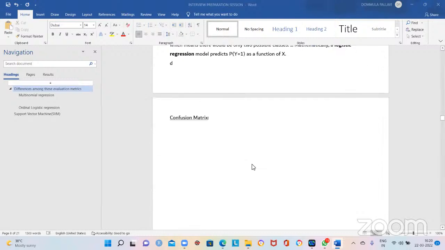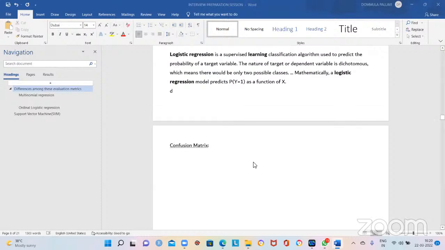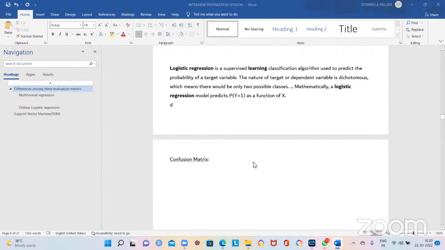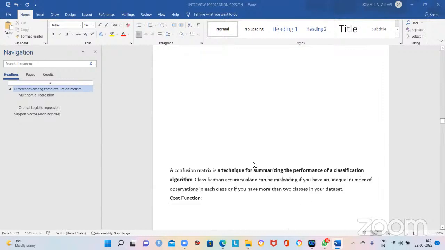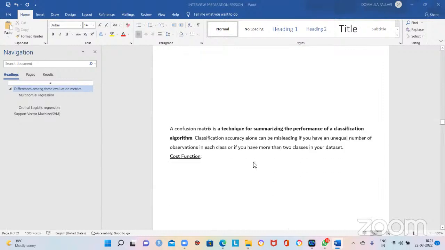Coming to the next one, what is a confusion matrix? Coming to the answer, a confusion matrix is a technique for summarizing the performance of a classification algorithm.